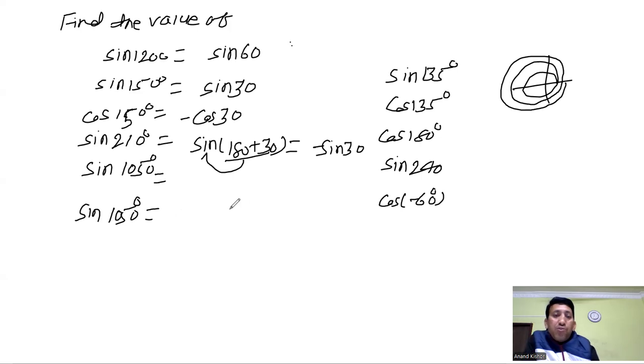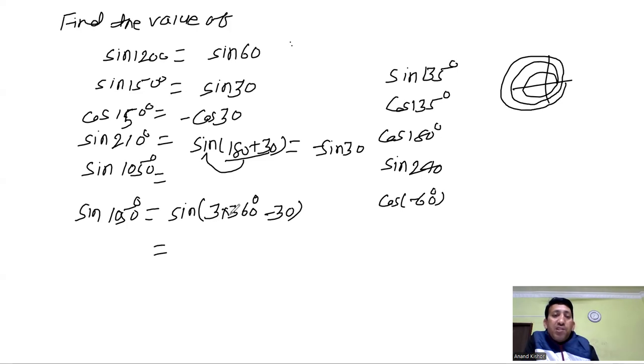So 3 into 360. Sine 1050 degree means 3 into 360 degree, which is 1080, minus 30. If I say 1080 minus 30, it is 1050.